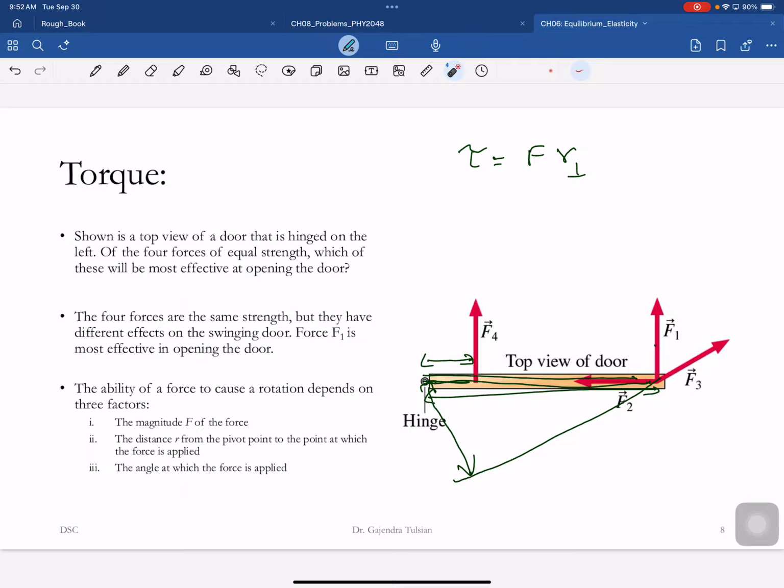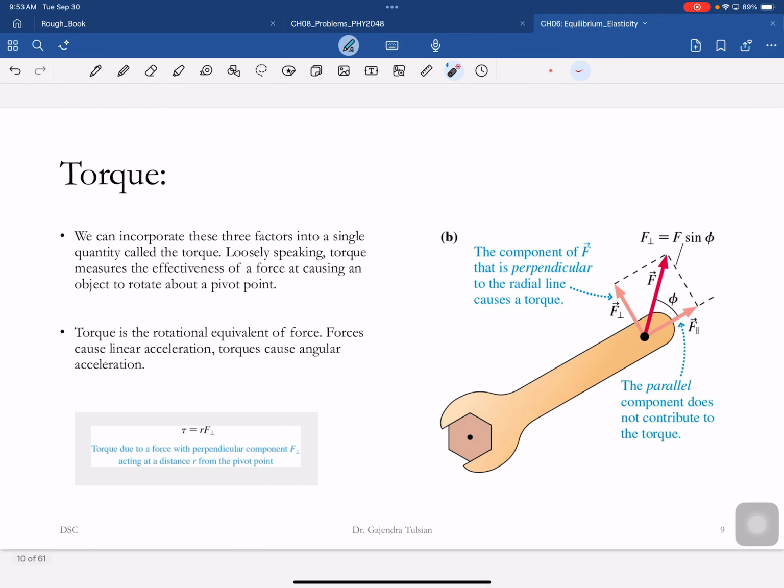So the ability of a force to cause rotation depends on 3 factors: the magnitude of the force, the distance r from the pivot point to which the force is applied, and the angle at which the force is applied, which will determine the moment arm. So if you apply a force like this, the torque can be written as force times the moment arm, or it can also be written as the perpendicular component of the force times the distance at which the force is applied.